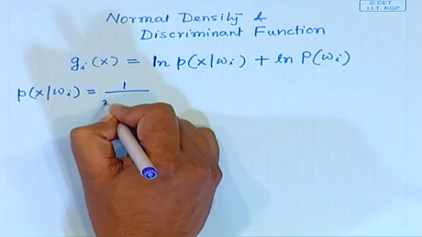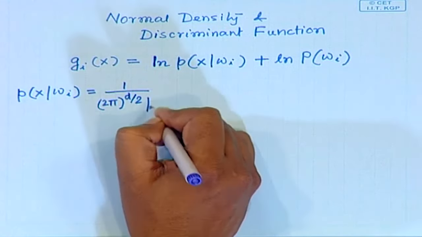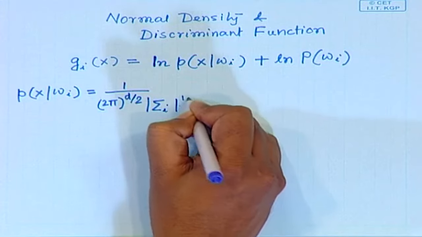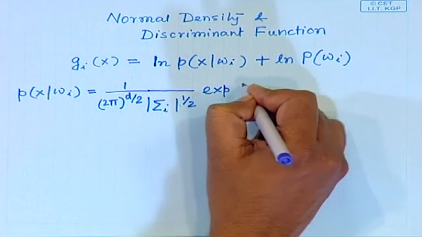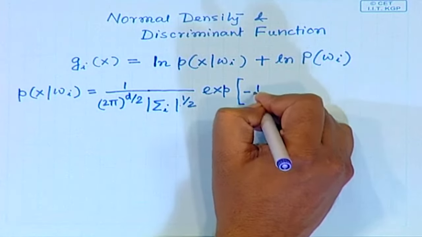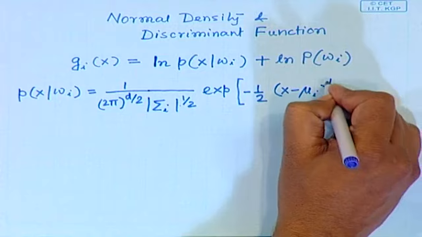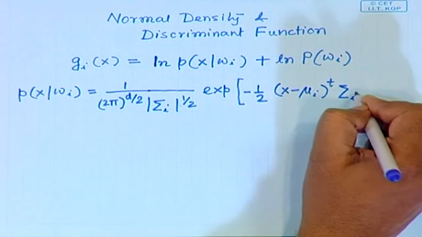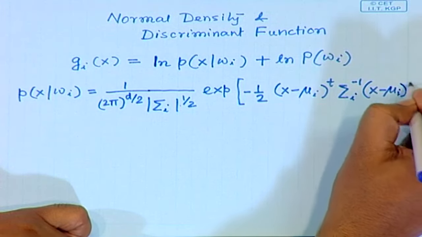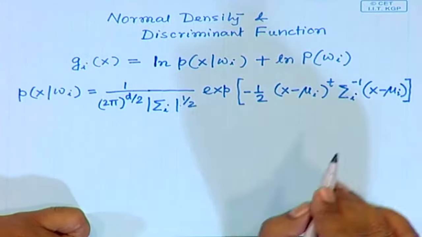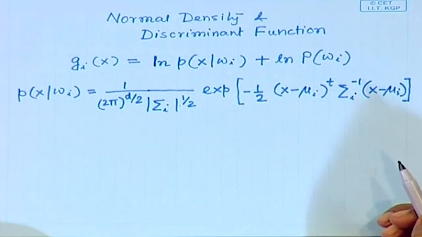1 over 2 pi to the power d by 2. So, this is a multivariate normal density function where the feature vectors x are actually d-dimensional vectors.